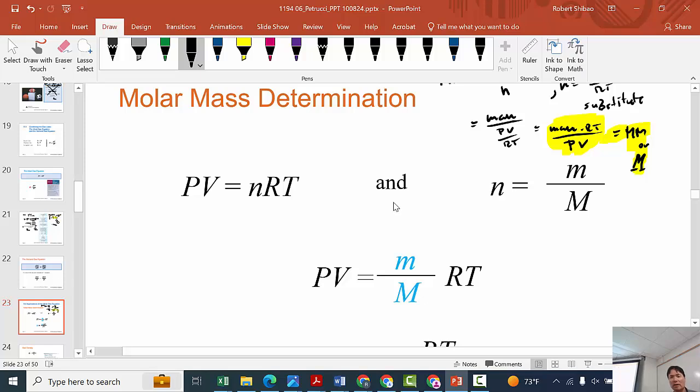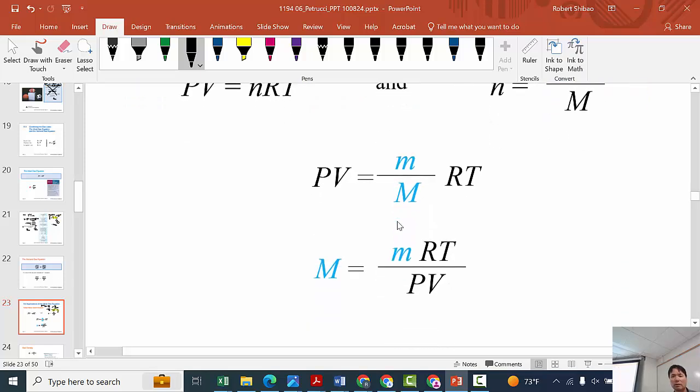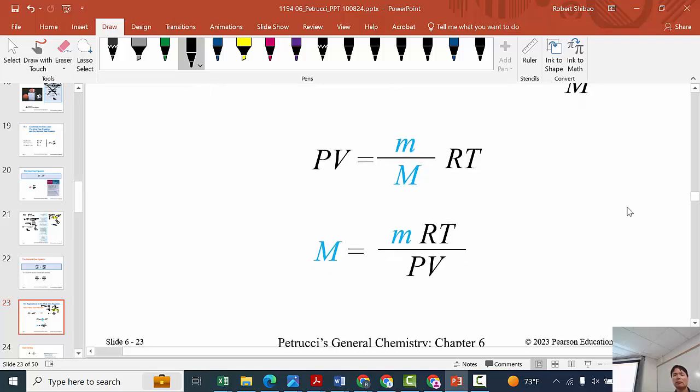So this is the equation here. In other words, the molar mass is equal to the mass times RT over PV. We can get additional relationships too. So for example, mass over volume is equal to the density.